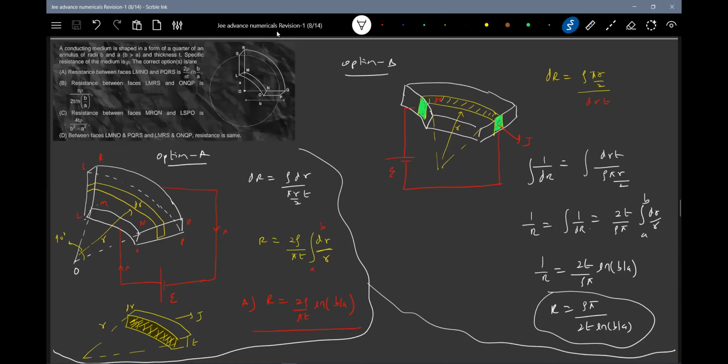Now, next part is the resistance. What should be the elemental structure now? Current will flow perpendicular to the plane MRQN.